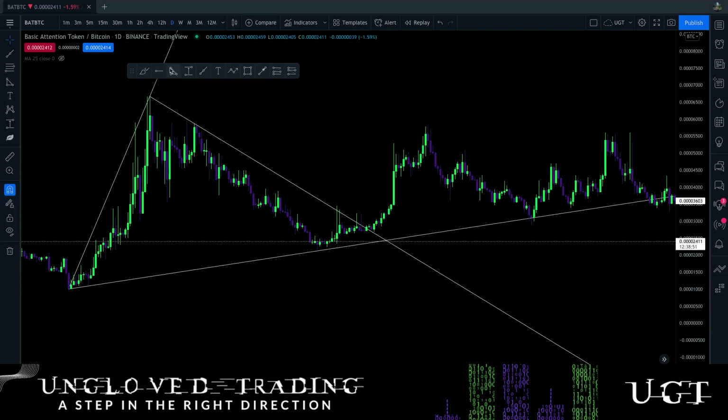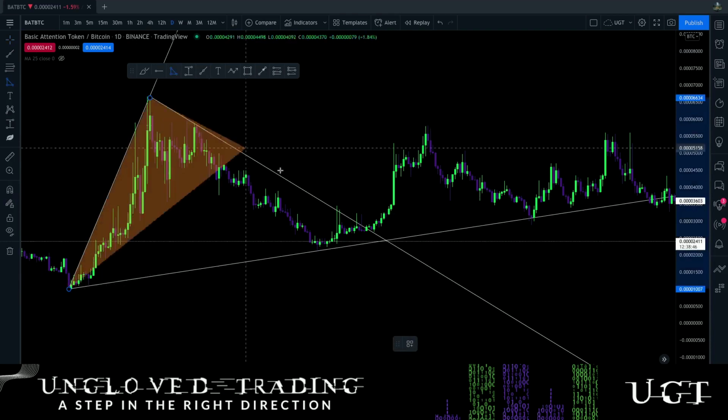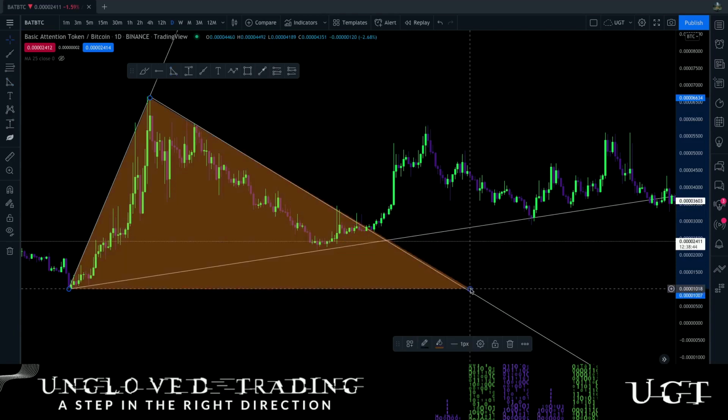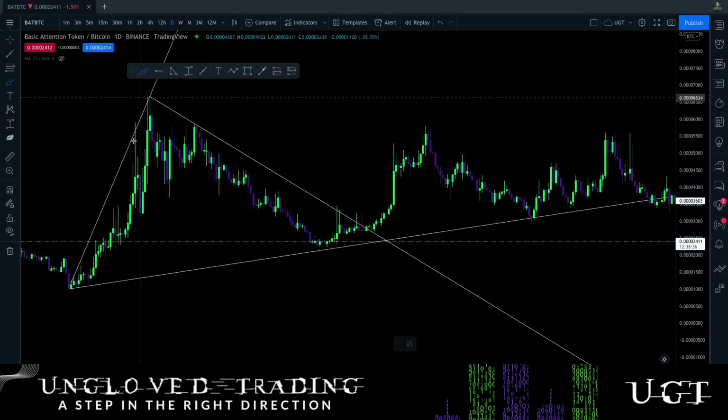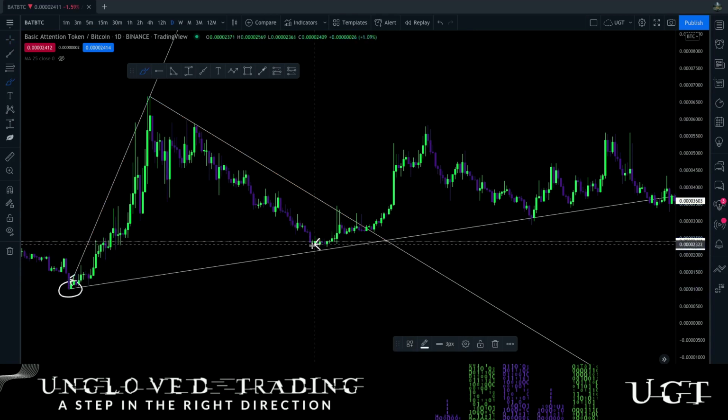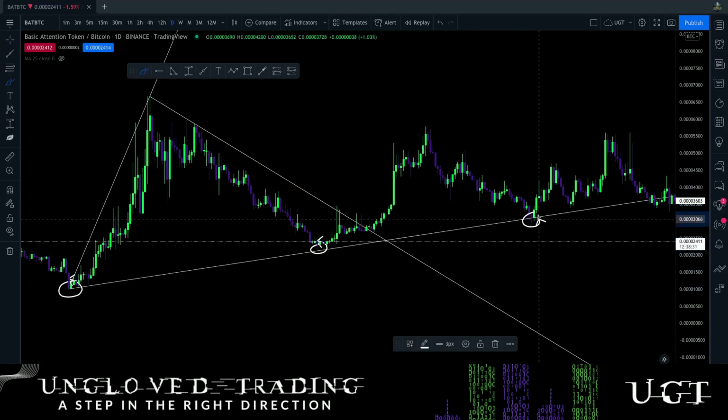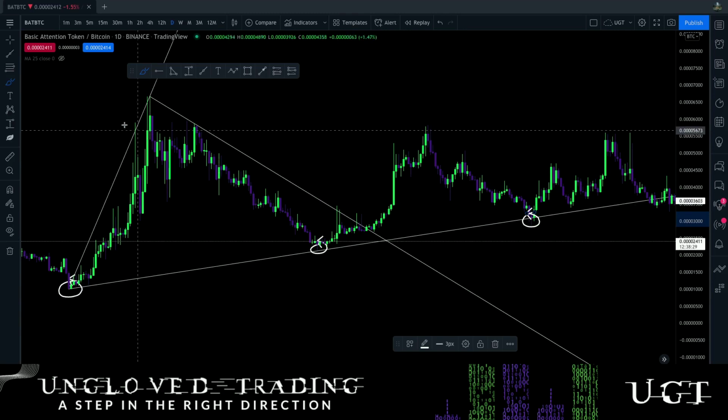Now, if you were to imagine what the perfect mountain would be, it would be something like this, where we kind of have this base of the move as well. But you see how this is not created in this move, and that is because this support level is respected very nicely. It starts here, it's created here, and then it is used in the future, as you can see.